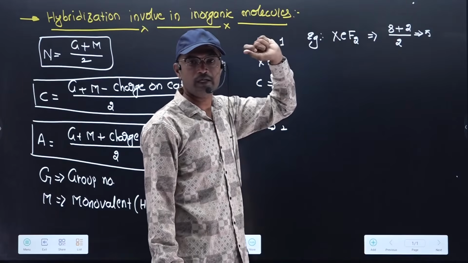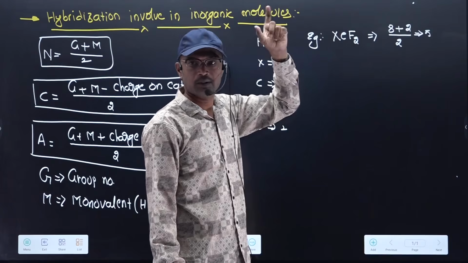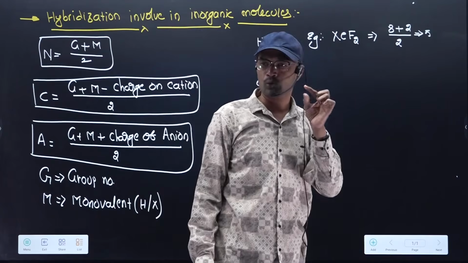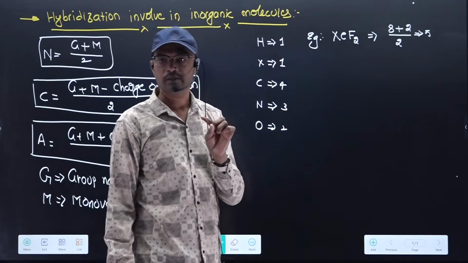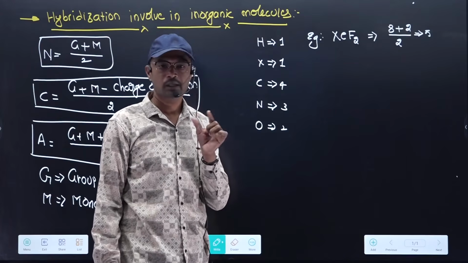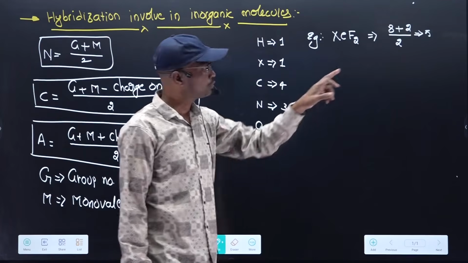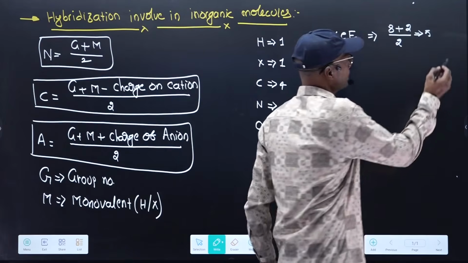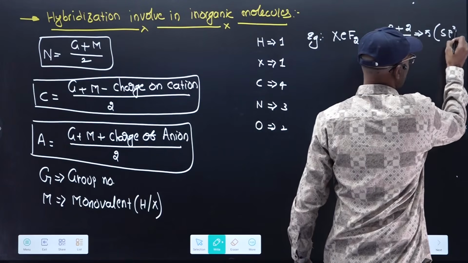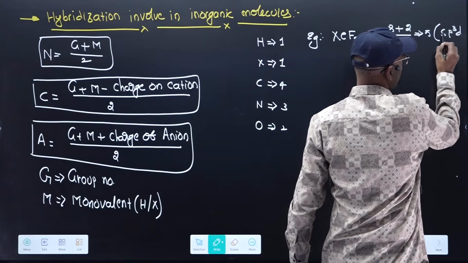So what does 5 indicate? Whenever you get number 2, it indicates sp, 3 indicates sp2, 4 indicates sp3. So 5 indicates sp3d, 3, 4, 5 like that.